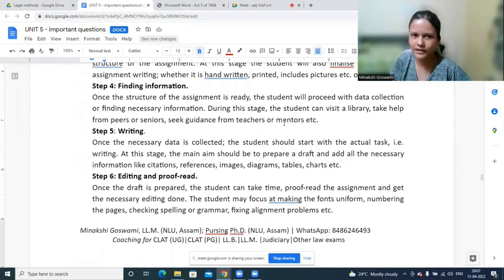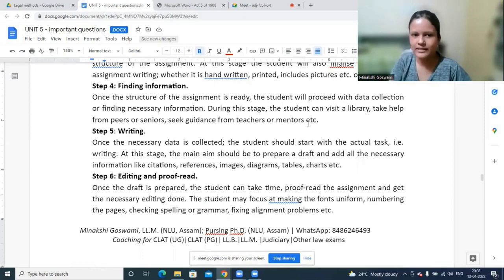So after finding and collecting everything, we might have a lot of books that we have collected from the library. Now is the time for writing, because there is a lot more information than what we require. So from there, we need to see what information is relevant for us, what is not relevant, what things we need to add, what things we need to skip. And from the collected information, we would start rewriting it. We would start preparing the assignment.